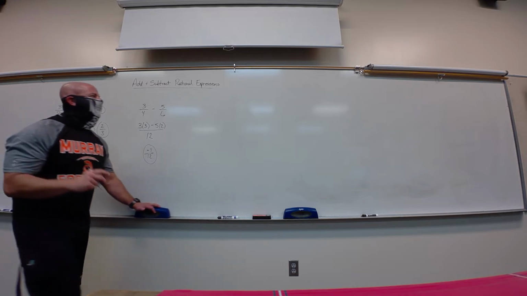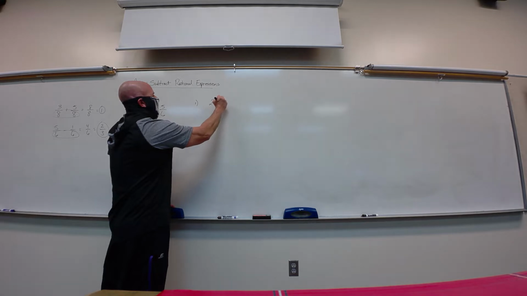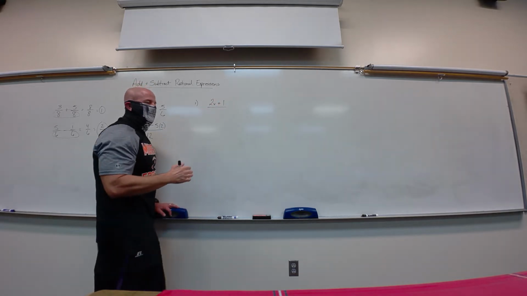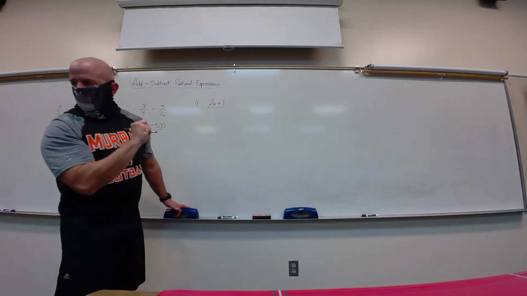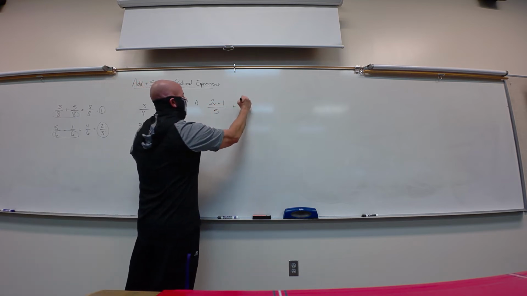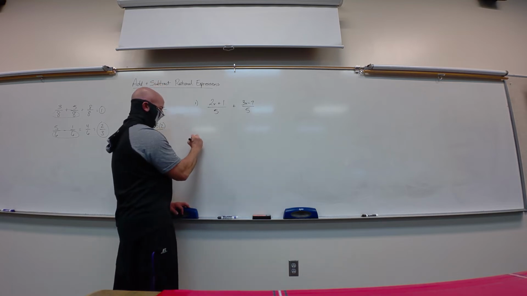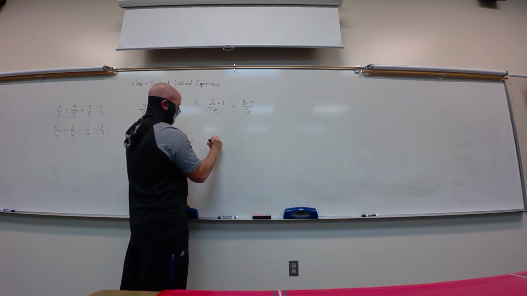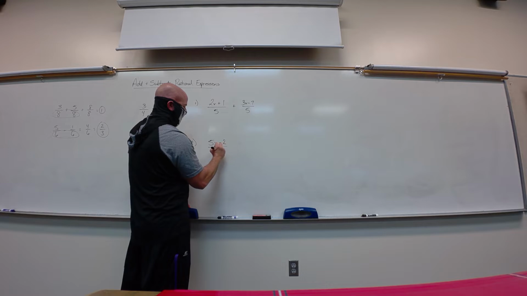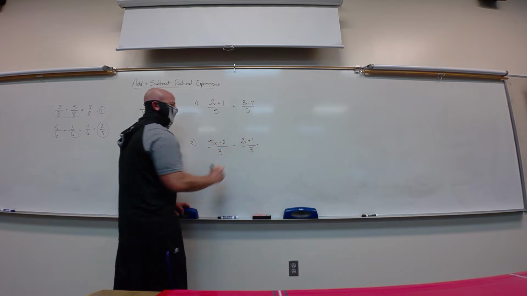So take a moment, see what you come up with for these two. Now we're going to switch to an expression. Let's go 2x plus 1 over 5 plus 3x minus 7 over 5. And let's go 5x minus 2 over 3 minus 2x plus 1 over 3. Think about what you get.